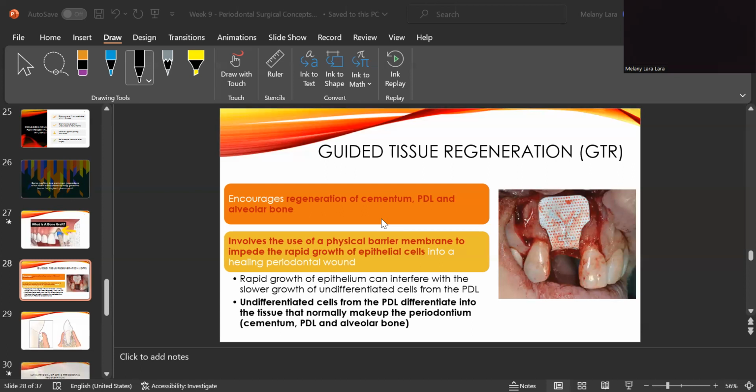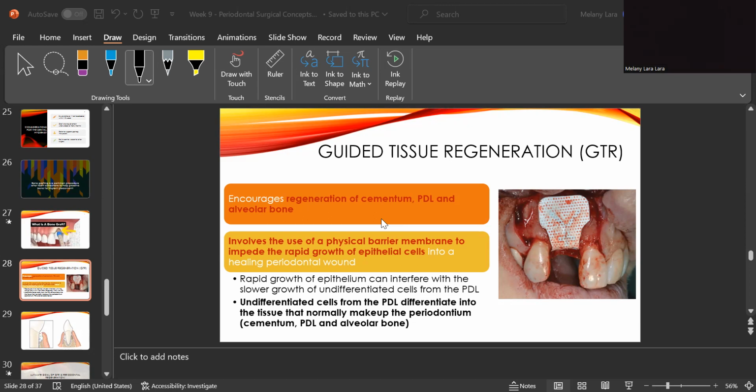Now, what we tend to see is that we have undifferentiated cells from the PDL. These undifferentiated cells are almost like stem cells, okay? So the PDL basically has these cells that can become differentiated into alveolar bone. They can be differentiated into more PDL fibers and even more cementum. So those cells play a very important role.